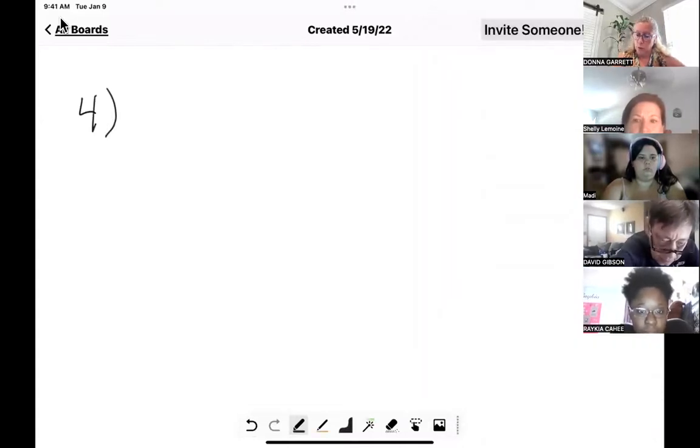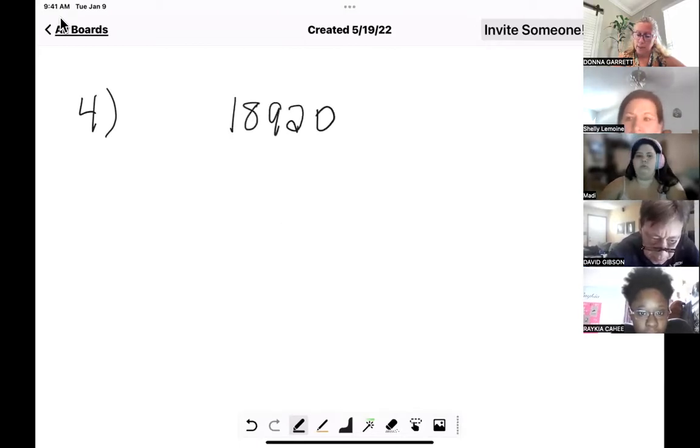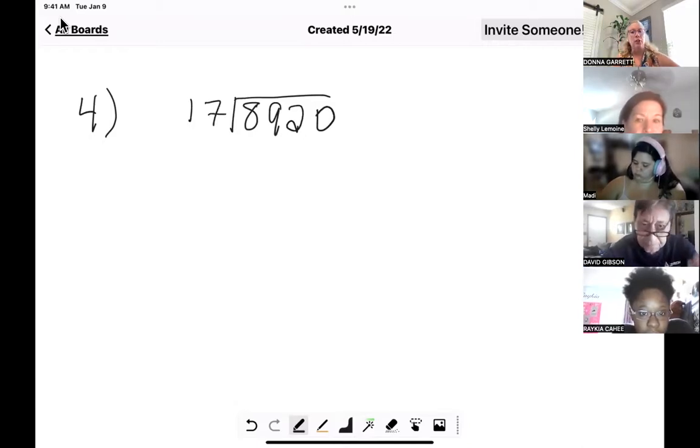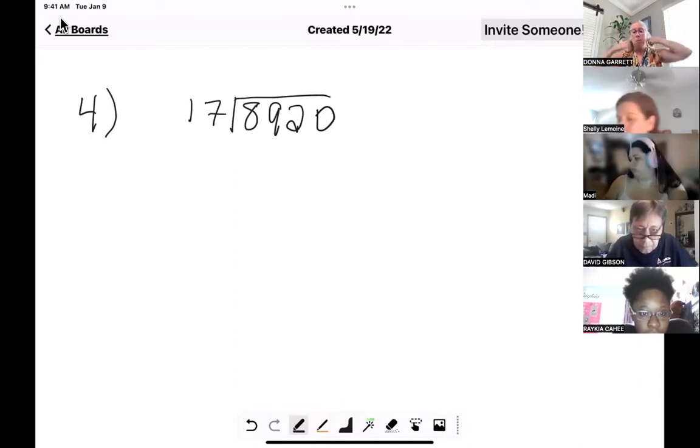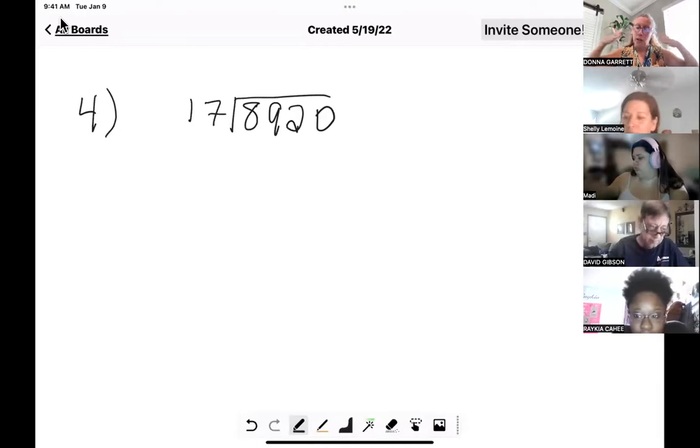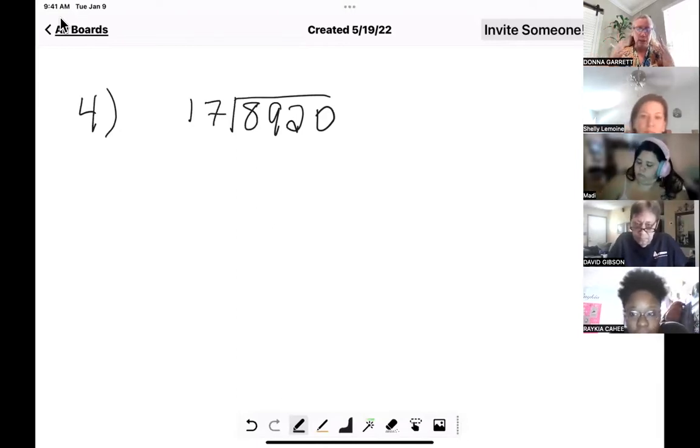So we're going to do 8,920 divided by 17. And I know without a calculator, you want to grab that calculator and go, okay, I'm not doing this by hand, but you really do have to. I'll show you how I'm thinking when I do it, because you're going to use a little bit of logic and a little thought about it.